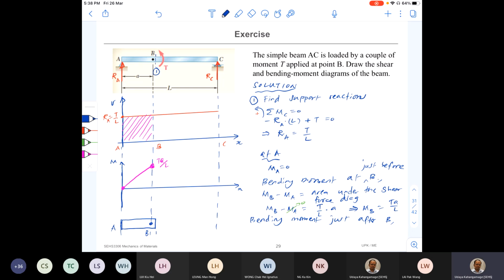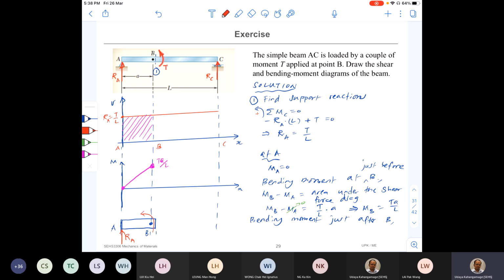At the point A, we have our reaction force RA. Just after B, the couple T is going to come into our free body diagram, so I'm going to mark that here.